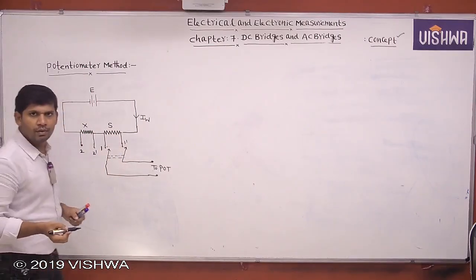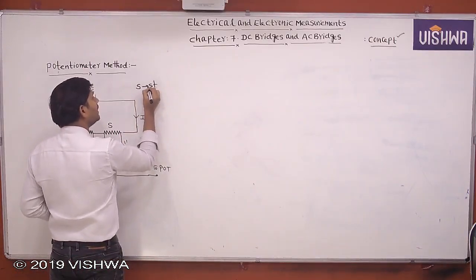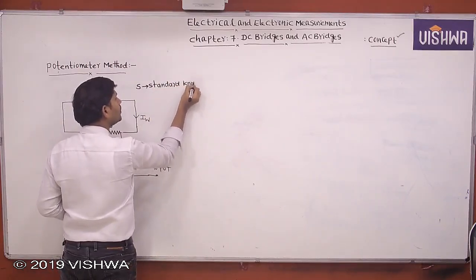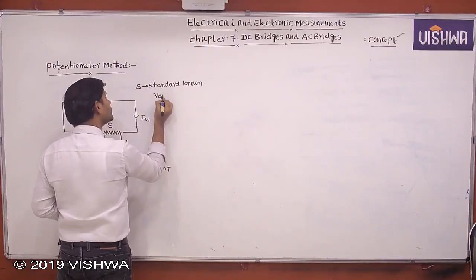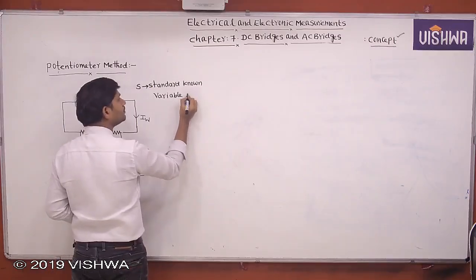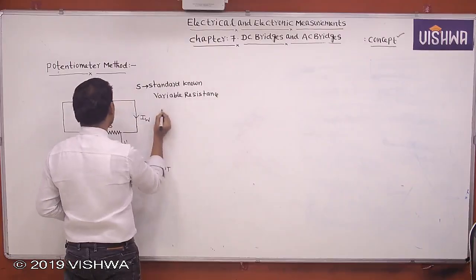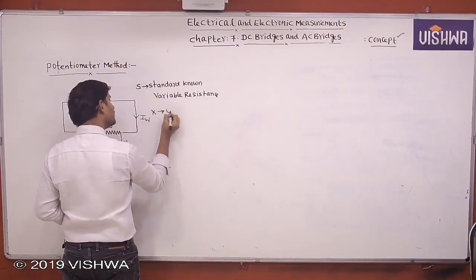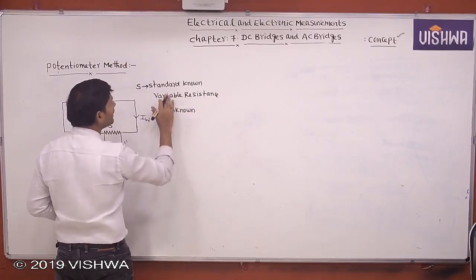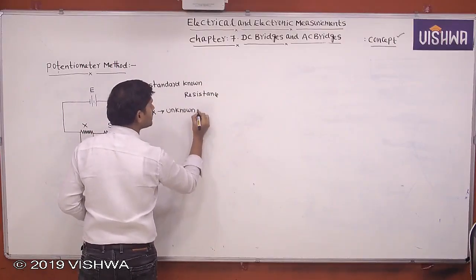S is the standard known resistance, X is the unknown resistance. It is a standard known resistance only, not a variable.